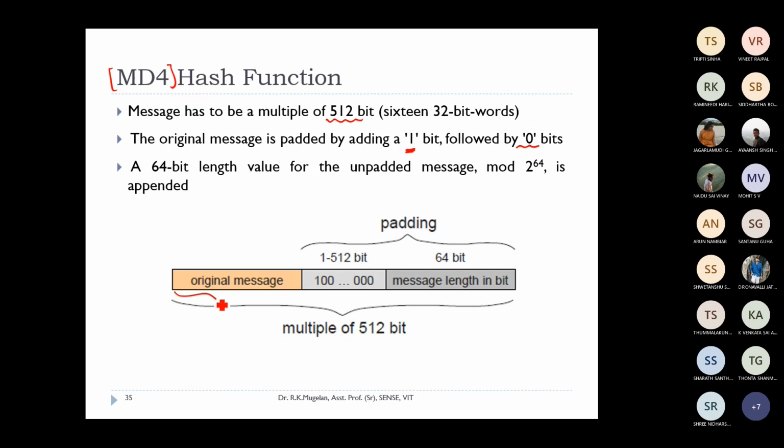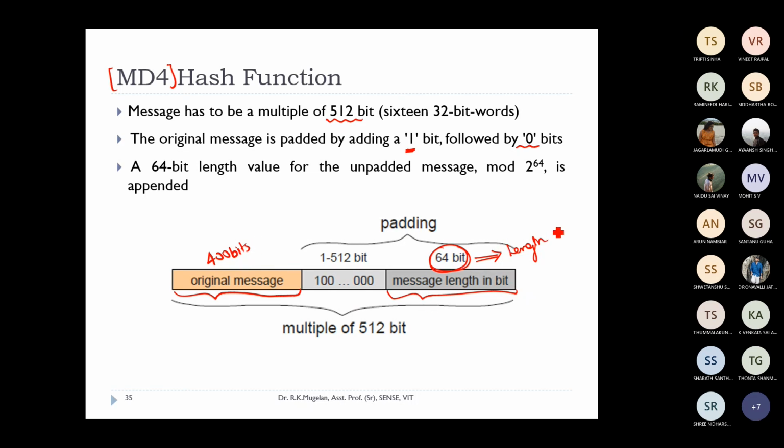You'll have the original message here. Then the last 64 bits will be used to convey the original length of the message. Assume that it is made up of 400 bits.